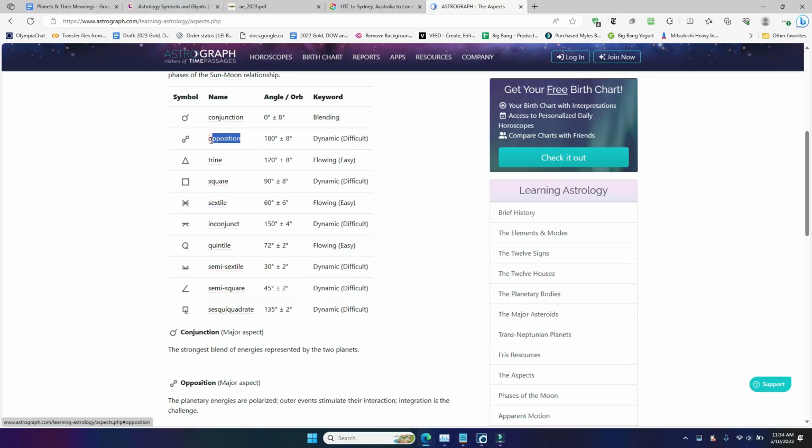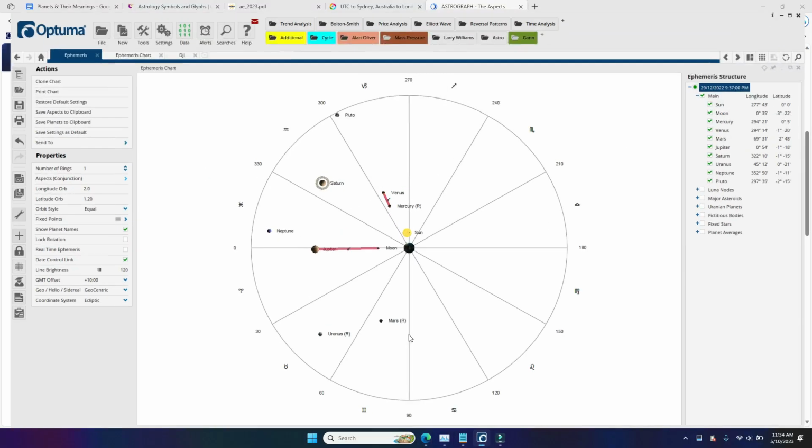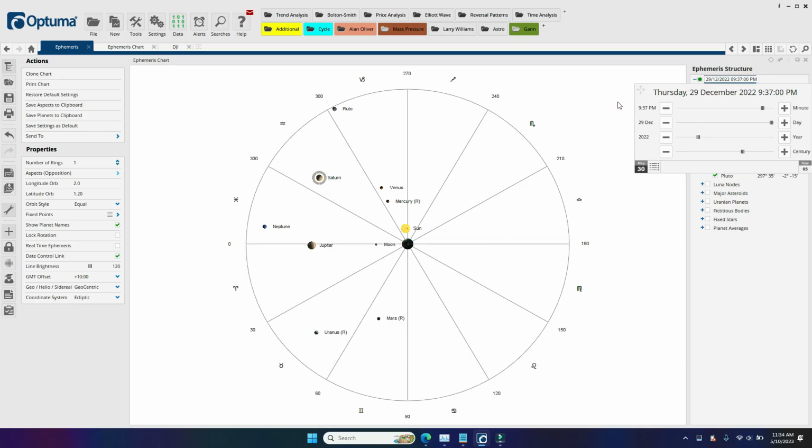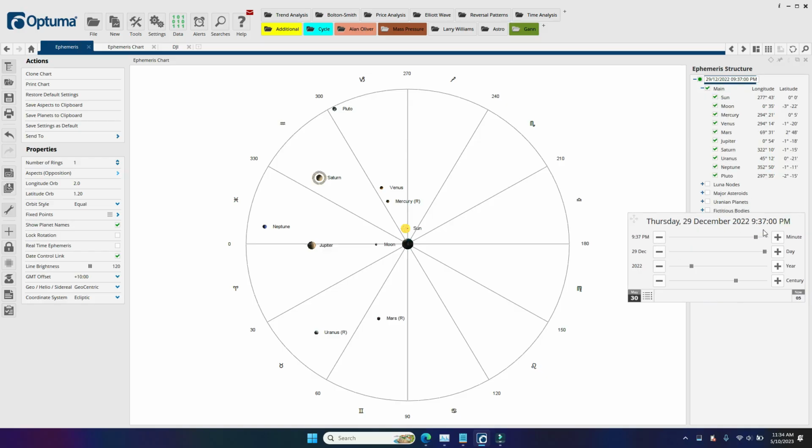Now when they're opposite, it means that one is on one side and the other is on the other side. So let's turn on the opposite and see if we can line up any right now. I'll show you what an opposite looks like. There we go. So we've got the Earth here, the moon over here, and Neptune over here. Now these two planets are technically opposite of each other, okay?